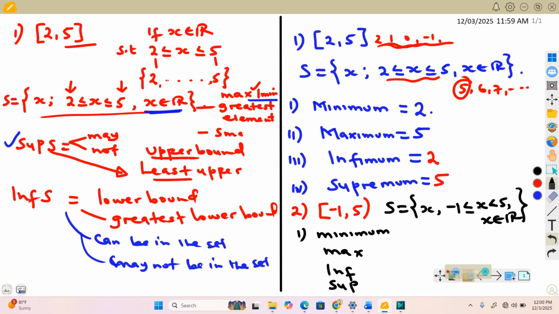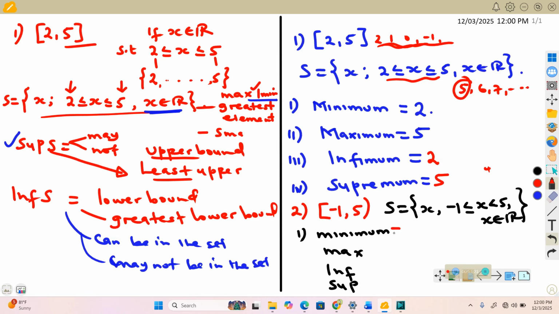This format helps you know which value is included in the set and which is not. This set starts with numbers from -1 and goes up to 5, but 5 is not part of this set, meaning that it stops at something like 4.999. So 5 is not an element of this set.